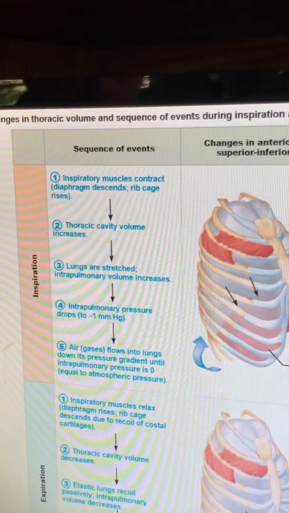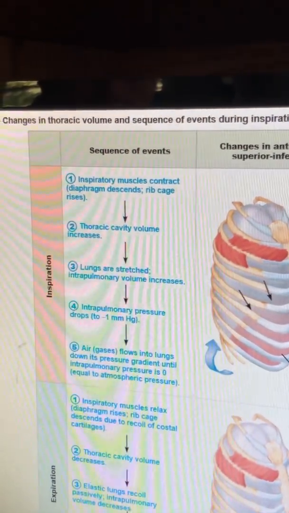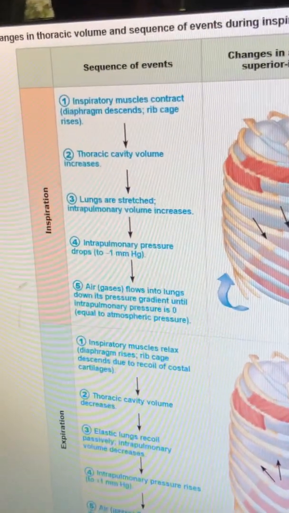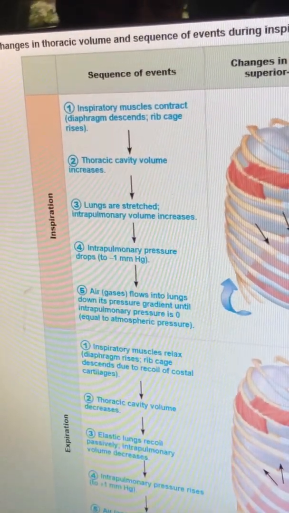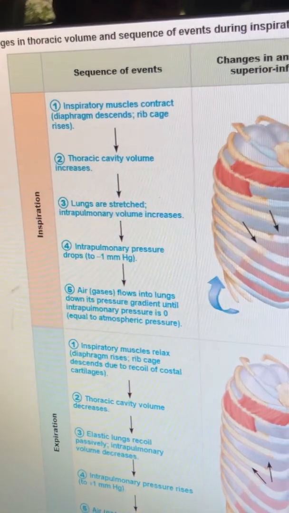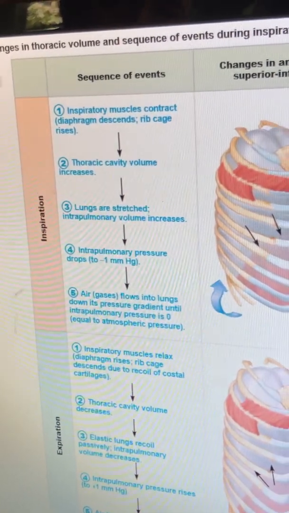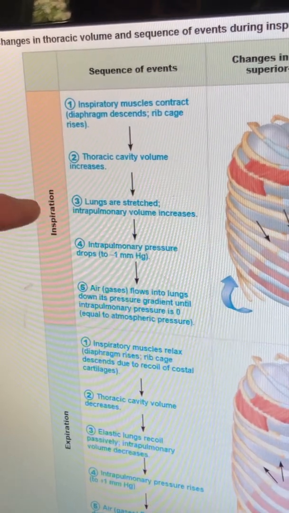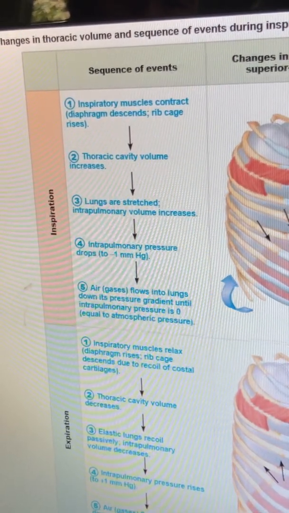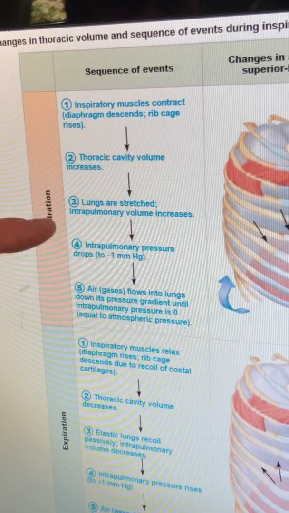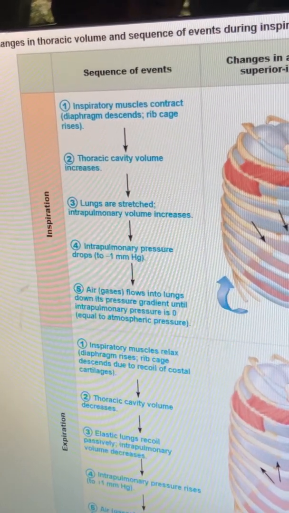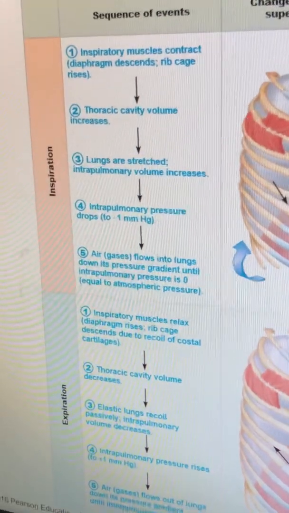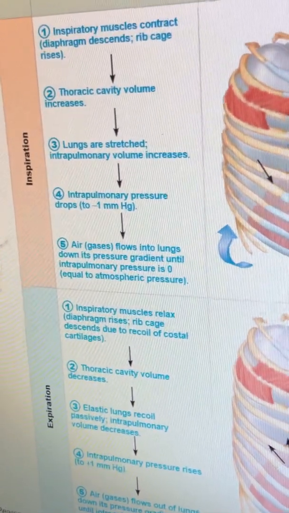Your lungs don't like to be stretched, so basically what's going to happen is they are reflexively going to recoil, and that's going to be exhalation. But inspiration or inhalation, diaphragm drops, the thoracic cavity increases, the lungs are stretched, and the intrapulmonary volume will increase. The intrapulmonary pressure drops to about -1 millimeters of mercury, and the air will flow into your lungs.